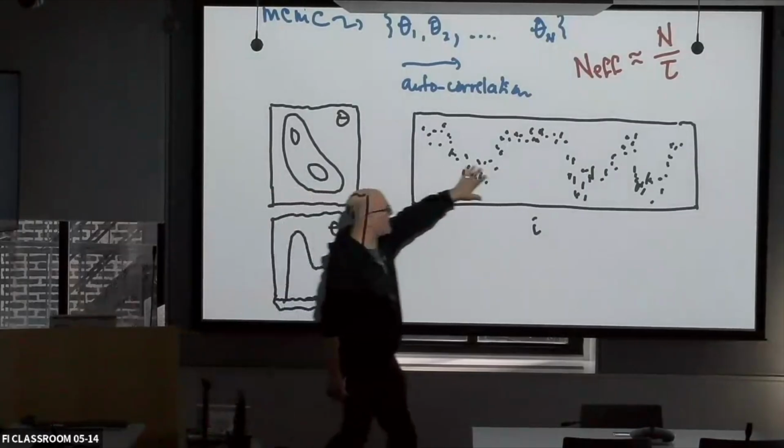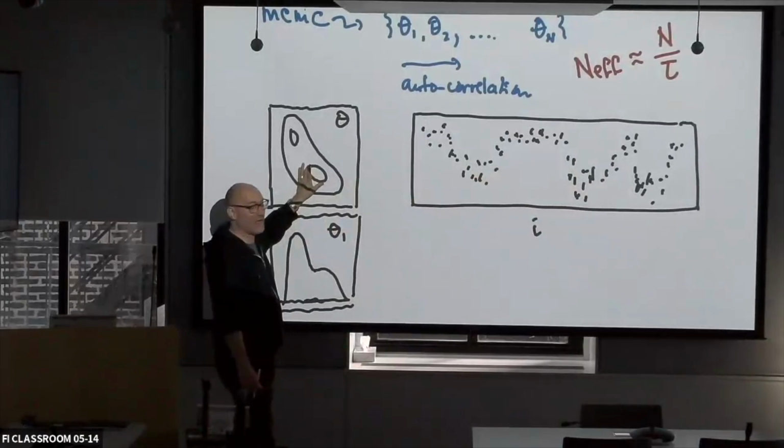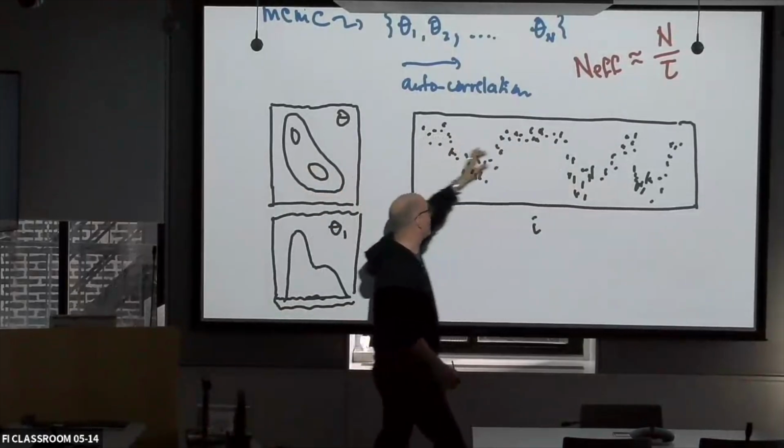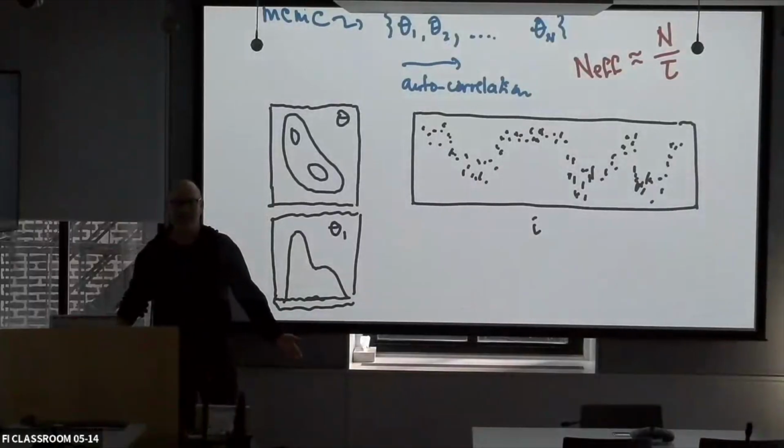There's a lot of samples down here, which formed this hump. And there's a lot of samples up here, which formed this hump, right? It'll look like that. Are we converged?